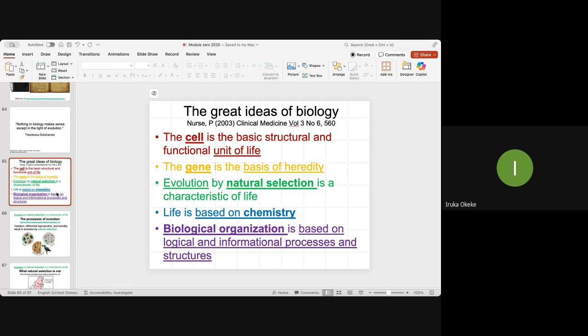And then everything in life is based on chemistry. So you and I are made up of chemicals. DNA, we saw, is made up of molecules. Okay? And then biological organization is based on logical, informational processes and structures.